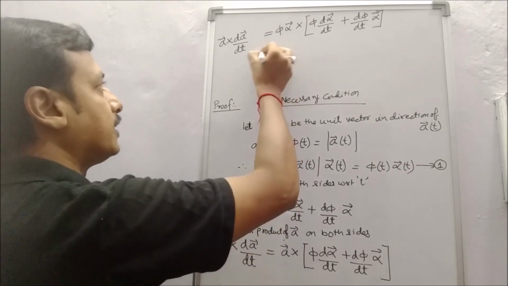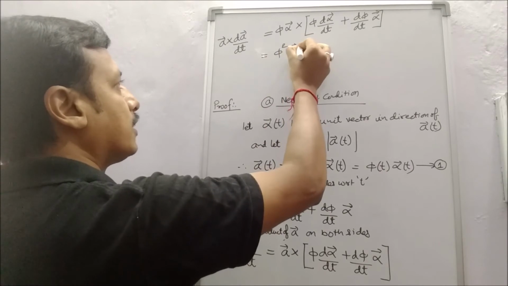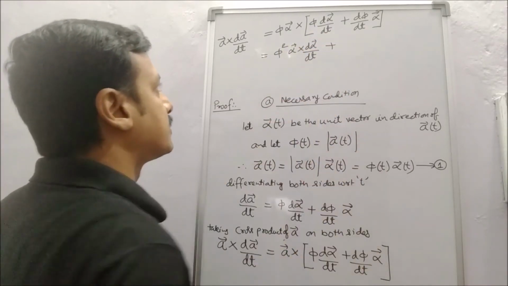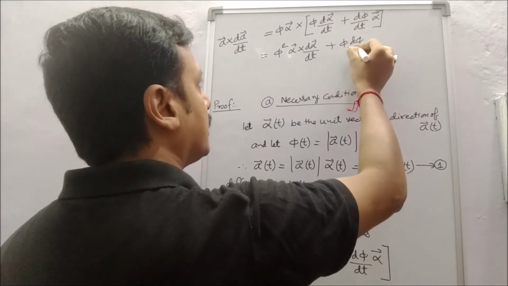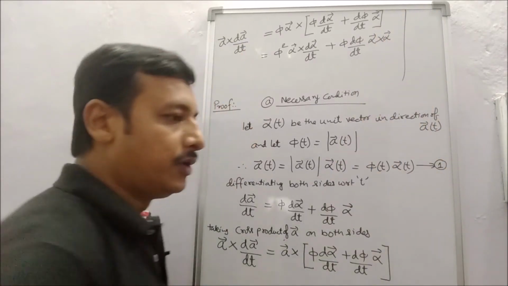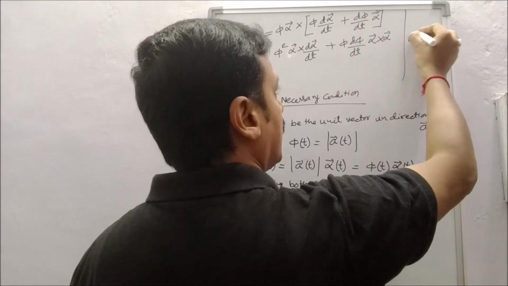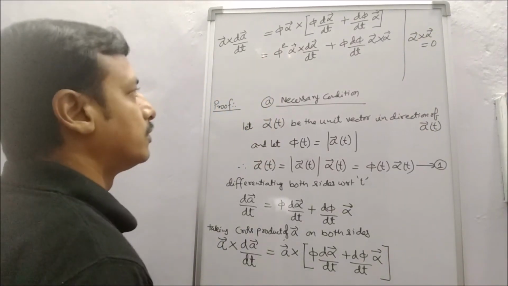Multiplying this out, phi square alpha cross d alpha by dt plus phi d phi by dt alpha cross alpha. We know that in the vector product, alpha cross alpha is equal to 0.